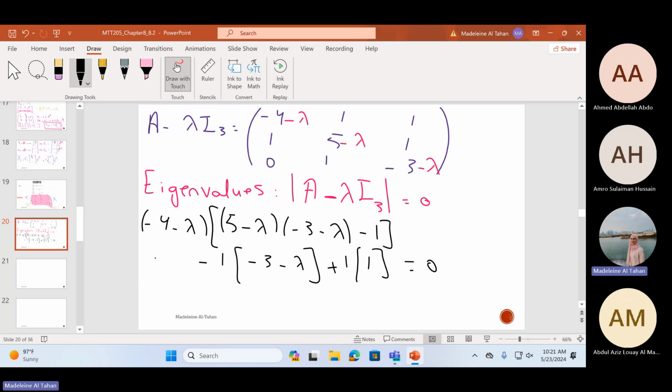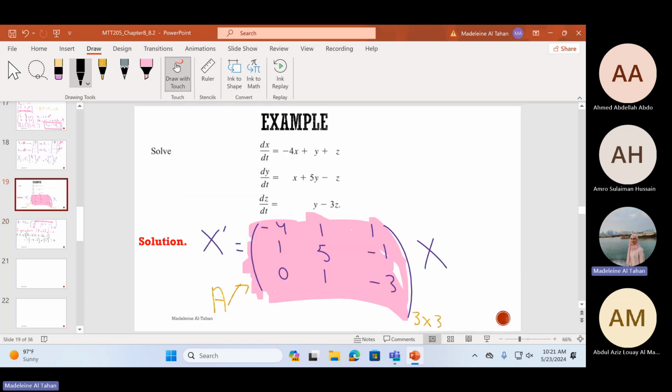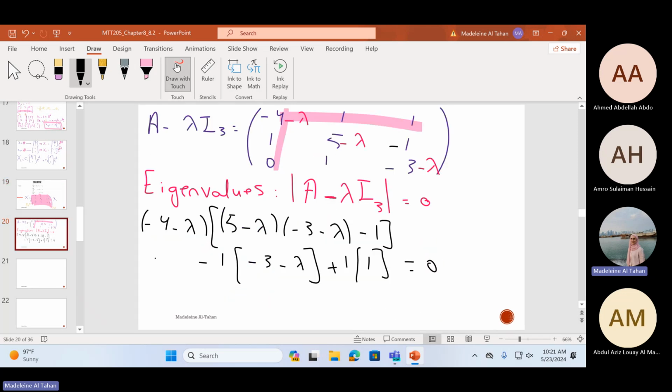Isn't it plus 1? So it's minus 1. We copied this one, minus 1. The original matrix was minus 1. Ah, okay, I copied it wrong. Yes, okay. So this one will be minus 1.